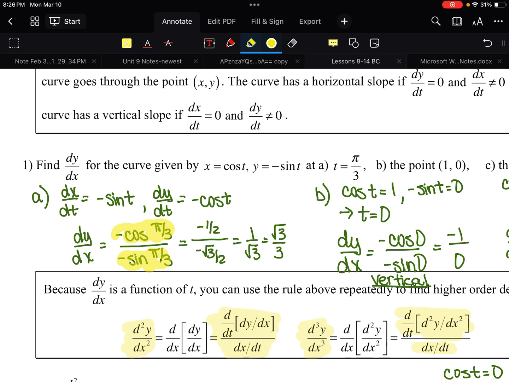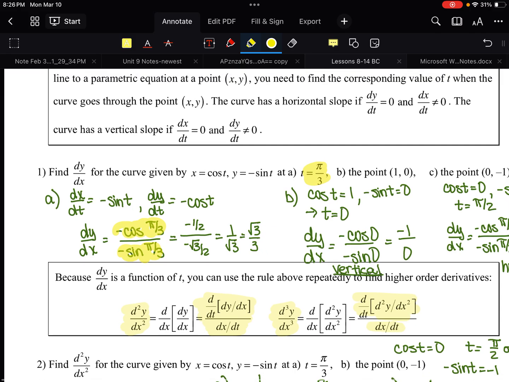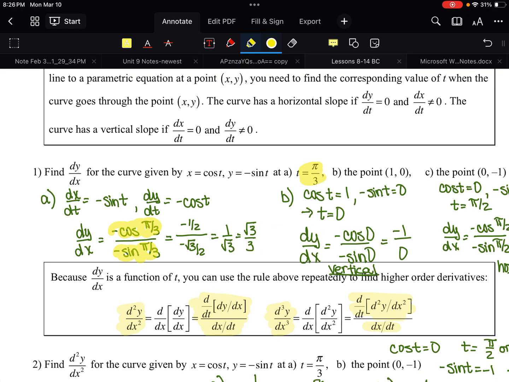So there's your function: cosine over sine, so cotangent of t, and it asks us to evaluate this when t is pi over 3. So plug in pi over 3, negative cosine of pi over 3 over negative sine of pi over 3, and then use some algebra to simplify, and either of those answers would be okay.